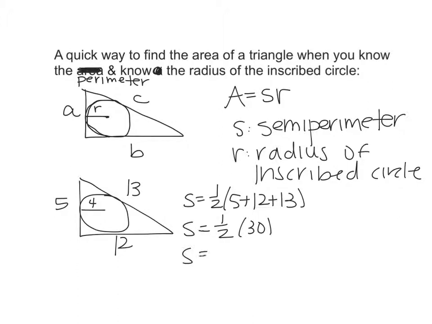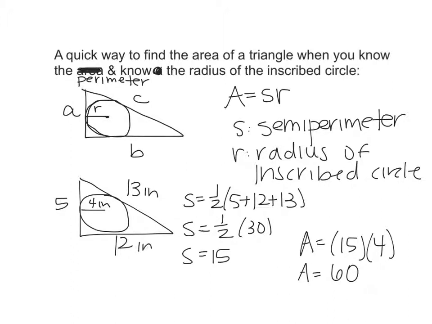So my semi-perimeter is 15. So the area of this would be my S, which is 15, times the R, which is 4. So the area would be 60. And if we knew this was inches, we'll say, then that would be 60 inches squared. Okay?